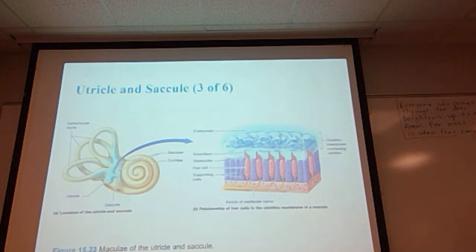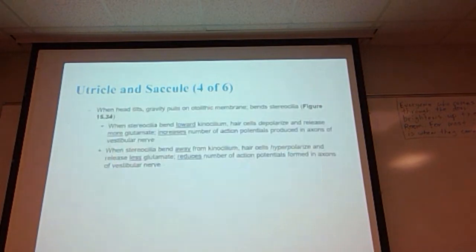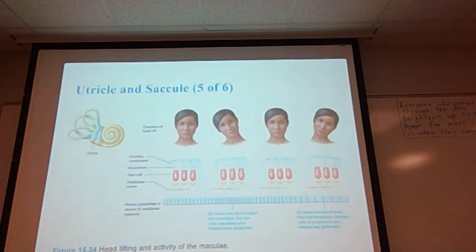I don't want you to get the false idea that moving away means they're separating in some way. No, they move as a unit. They're just moving in the direction of the kinocilium or away from where the kinocilium is. And again, here is that picture showing the movement of the hairs as you tilt your head to the left.